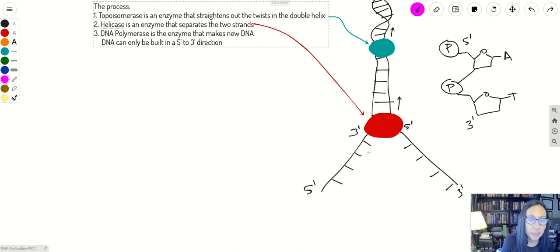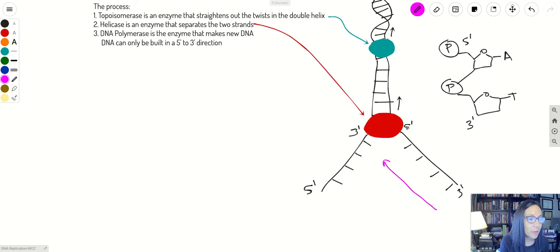And so over here on this new DNA that we're building, on this side on the right, the new DNA has to go in this direction. So it has to be built in this direction. So it has to go in this direction because it has to go from 5 prime to 3 prime.